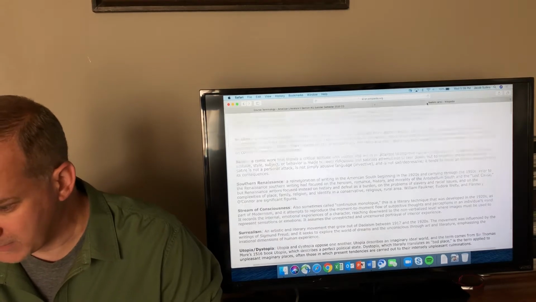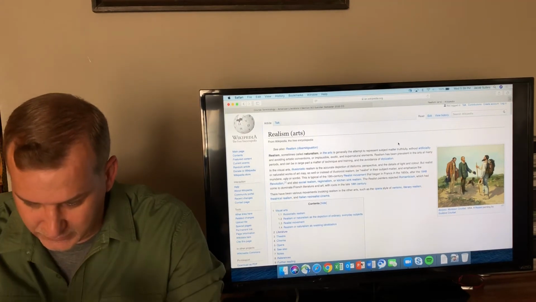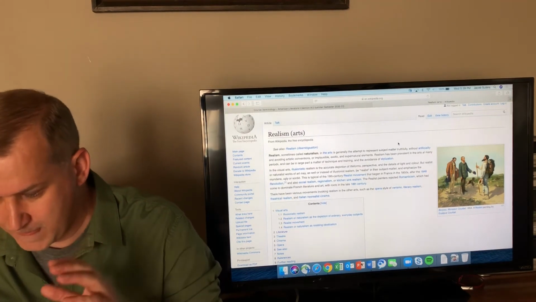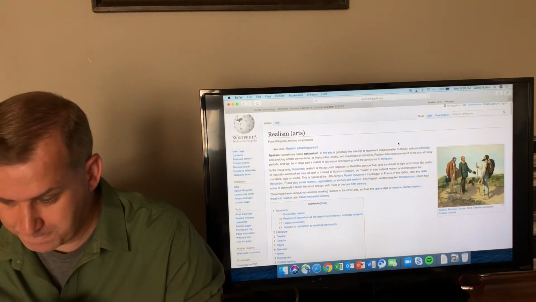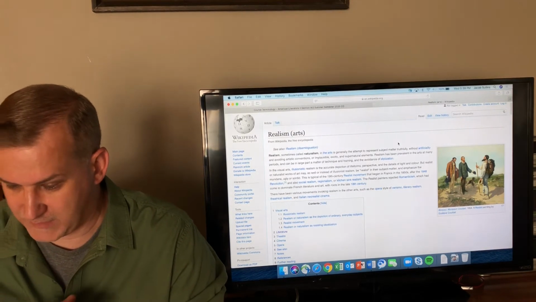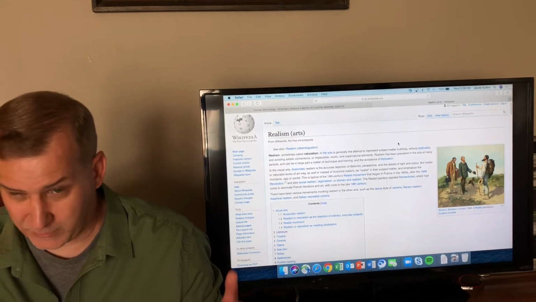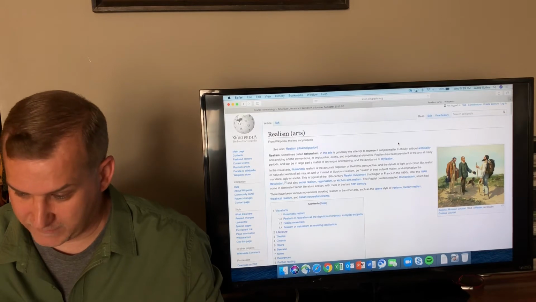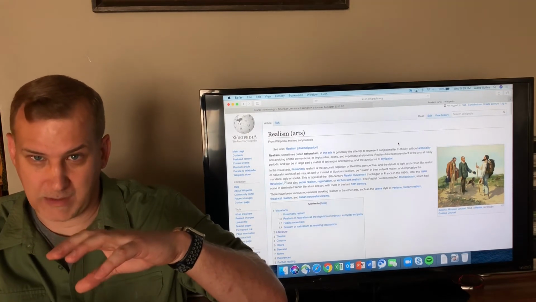If we jump over here, you can see realism is not restricted to literature. It is a movement in art, theater, cinema, the early cinema, opera, all kinds of things. Realism, sometimes also called naturalism, and we'll talk about naturalism as another definition unto itself, but naturalism is often under the umbrella of realism.